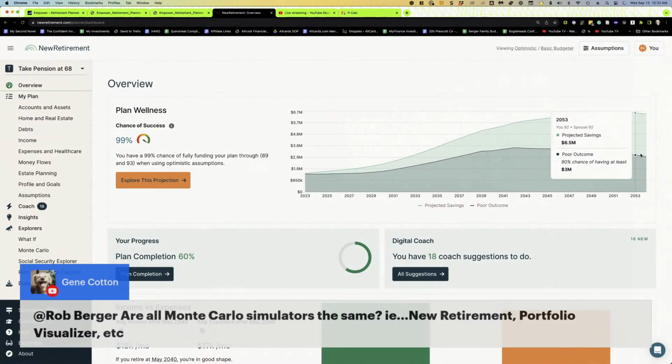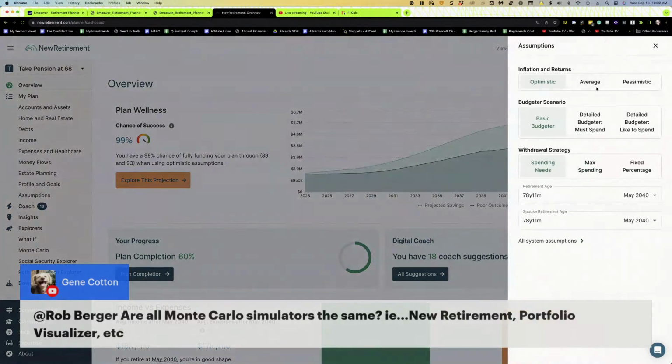So this is using Monte Carlo. But the inputs matter. What do you put in there for your assumed average return and volatility? If we change our assumptions here, they change the inputs to match. If we use average, they're going to use that, and they automatically change the volatility assumption.